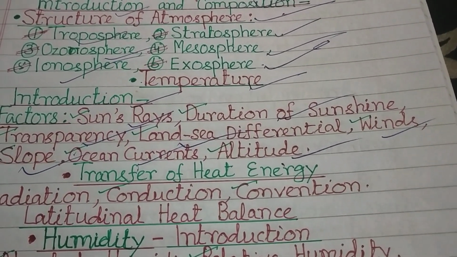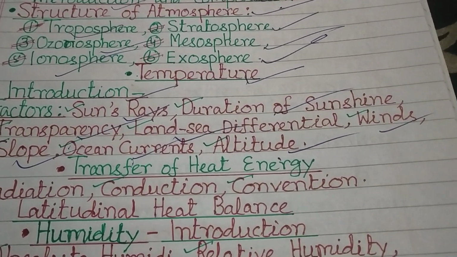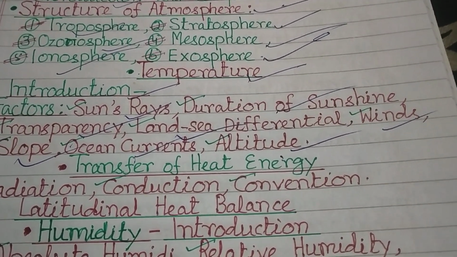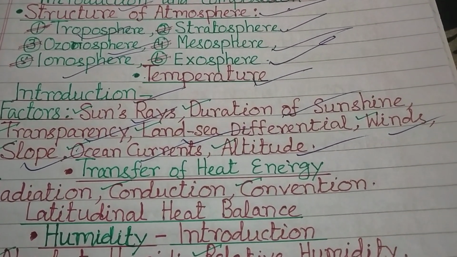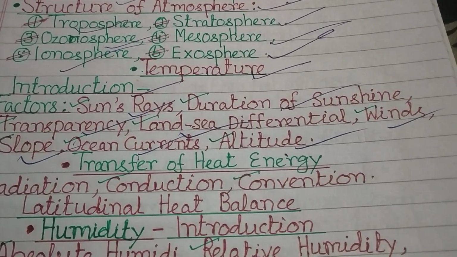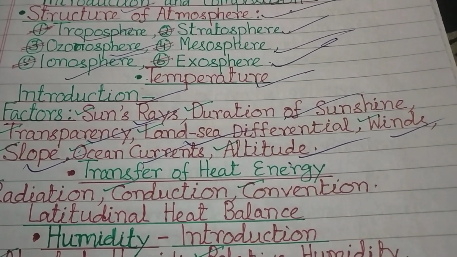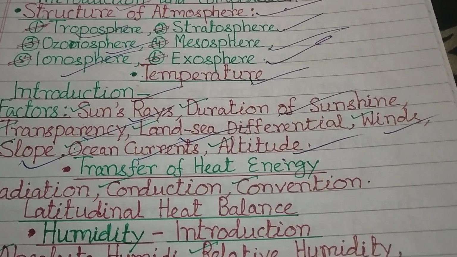Especially snow-covered areas reflect up to 70% to 90% of insolation. Average penetration of insolation, and therefore heat, is more in water, up to 20 meters, than in land where it is up to 1 meter only.